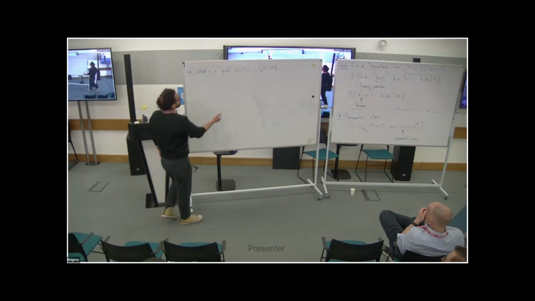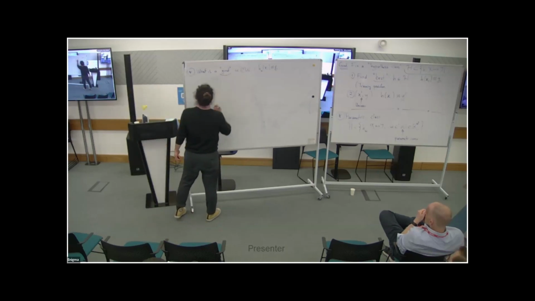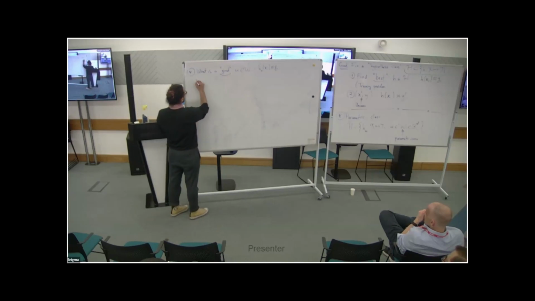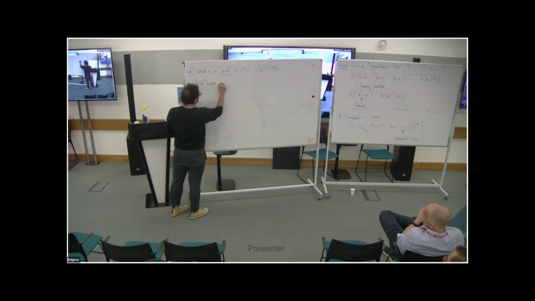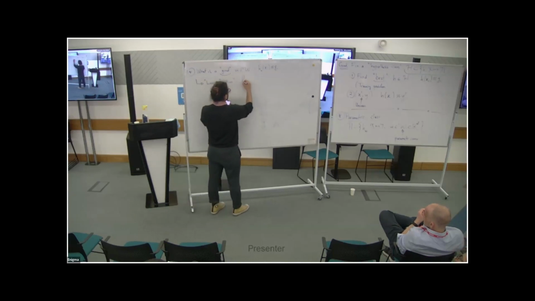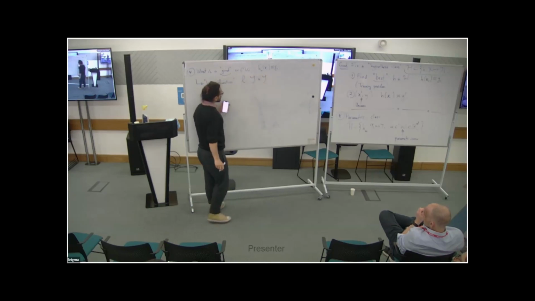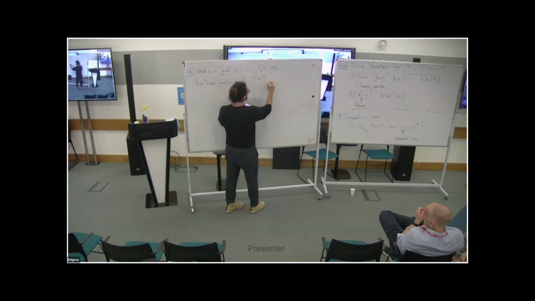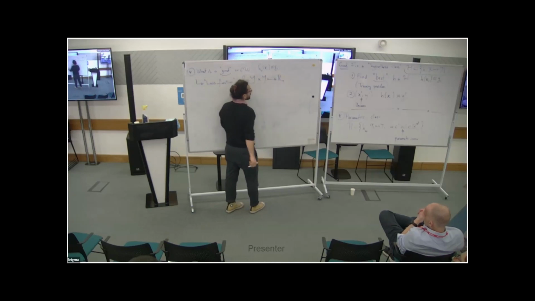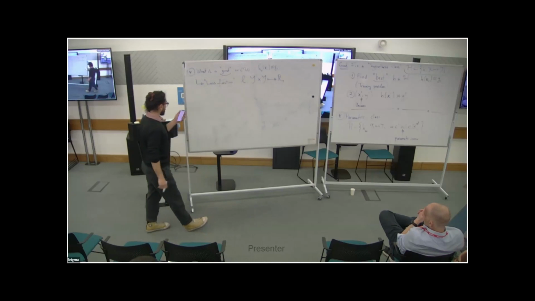To measure the goodness, the typical thing in statistics and also in machine learning is to introduce a loss function. I'm going to call it L. L takes a pair of outputs and produces a non-negative number.